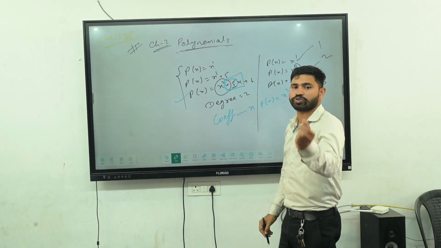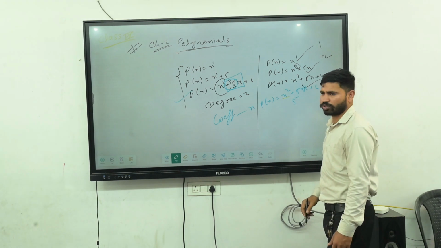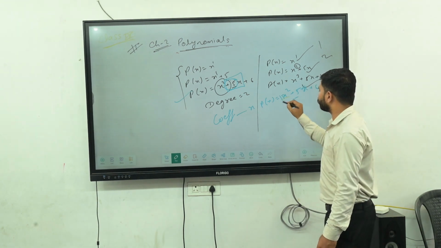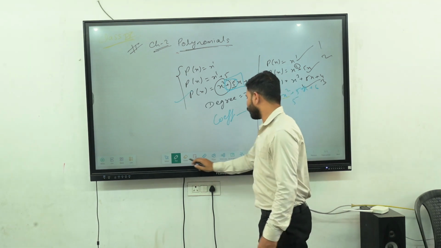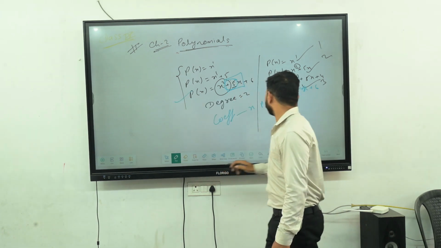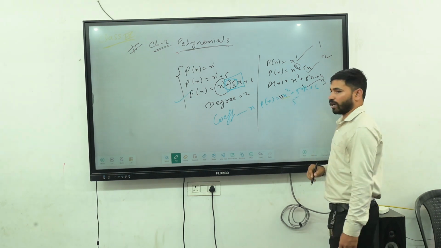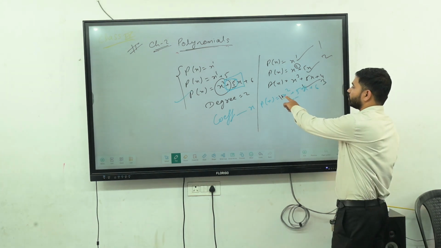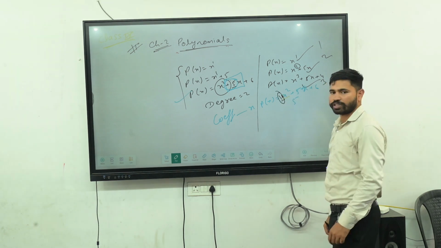Also, if asked the coefficient of x square, see, is there any number? No. But we know that every number can be multiplied with 1. So if there is no number, then we assume that 1 is multiplied with that part. So x square is multiplied by 1, so the coefficient of x square is 1.